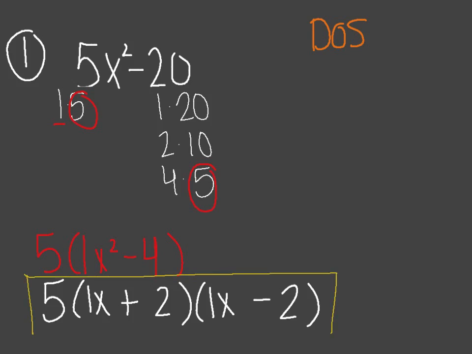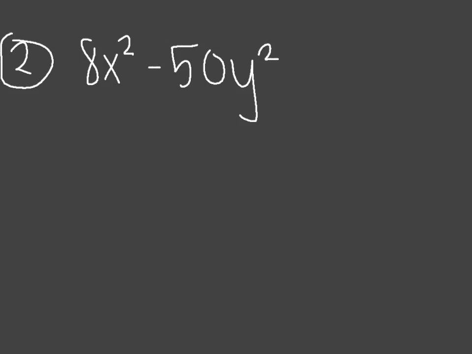Let's look at another example. I know that there are only 2 terms here. 2 terms is going to be difference of squares. This being said, I know that 8 and 50 are not perfect squares. So I need to do GCF first. So I list the factors of 8.